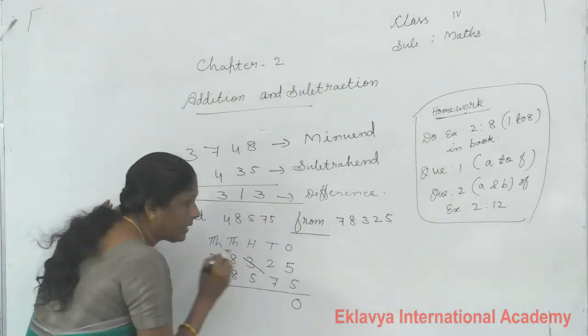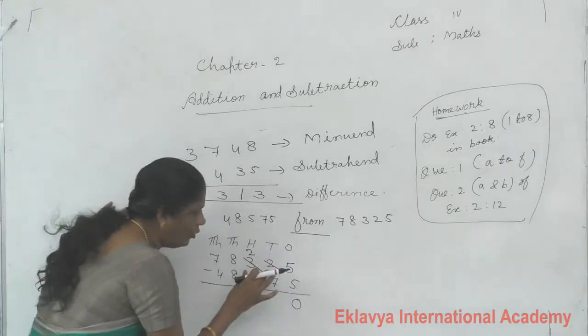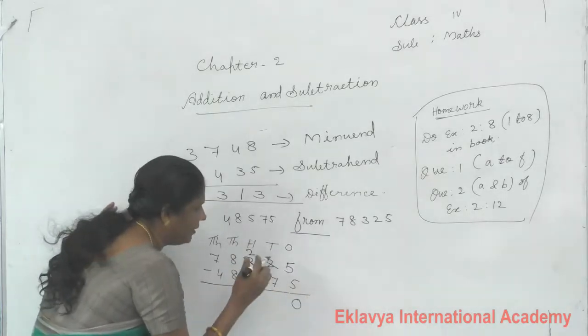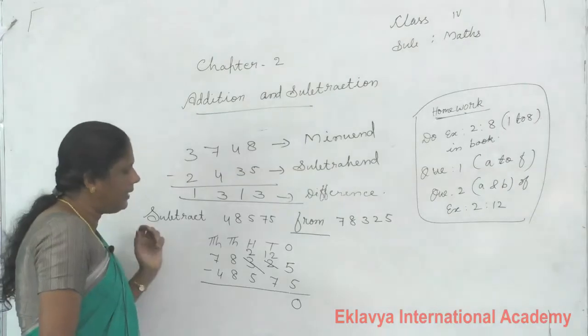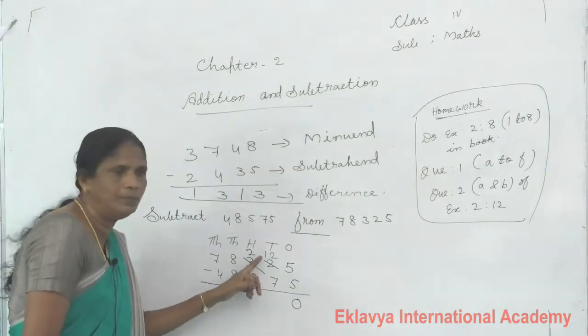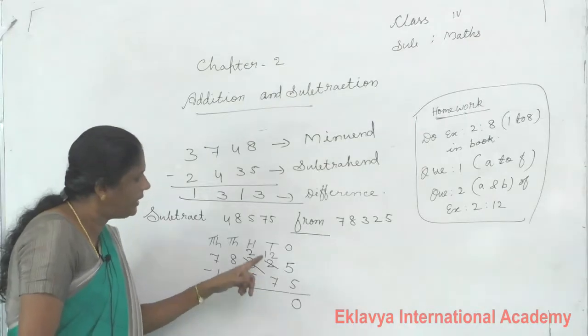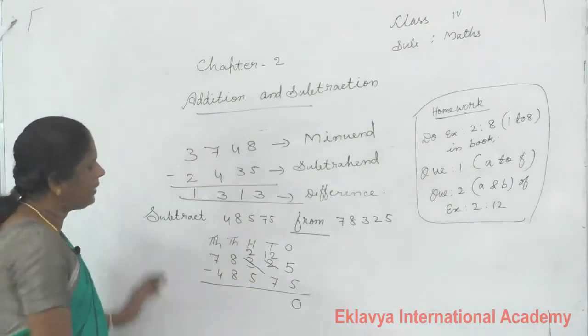Then this is cut, 2. Then this goes to already 2. Then 10 also add, 12. Understand? Now 7 take away from 12. What do you get? 5.